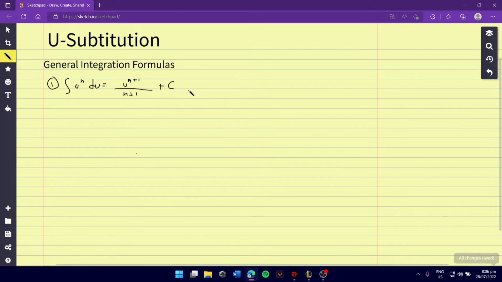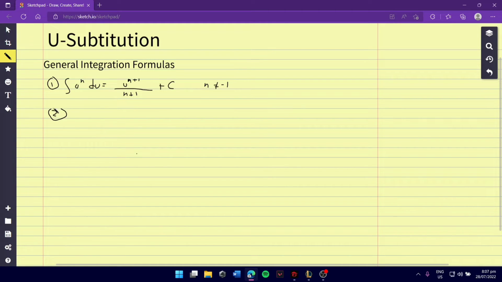So here, n should not be equal to negative 1. So in this formula, n is not equal to negative 1.